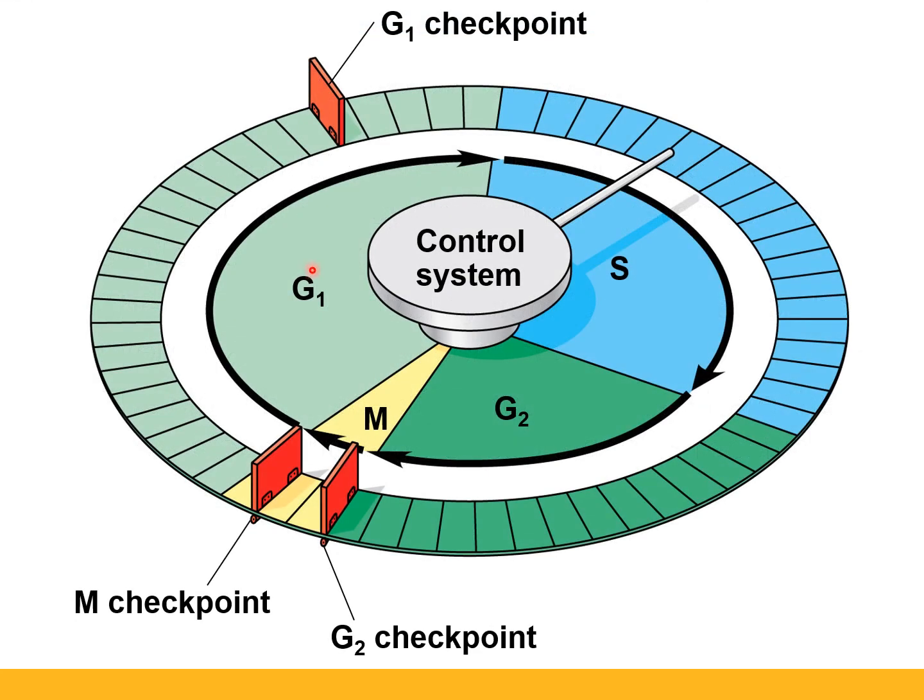And so we have three major checkpoints. We have this one right here. Anything over here, if the cell doesn't get past that G1 checkpoint, it's in what we call a G0 state. That is to say, unless it knows that it's ready to move through into DNA synthesis, it will stop at that G1 checkpoint, unless there is a signal to grow.